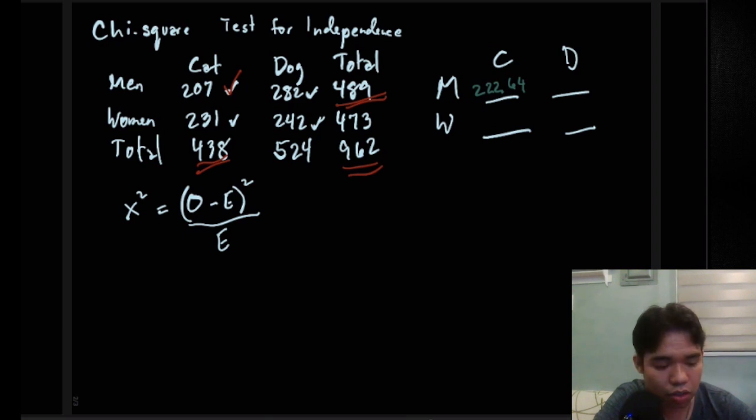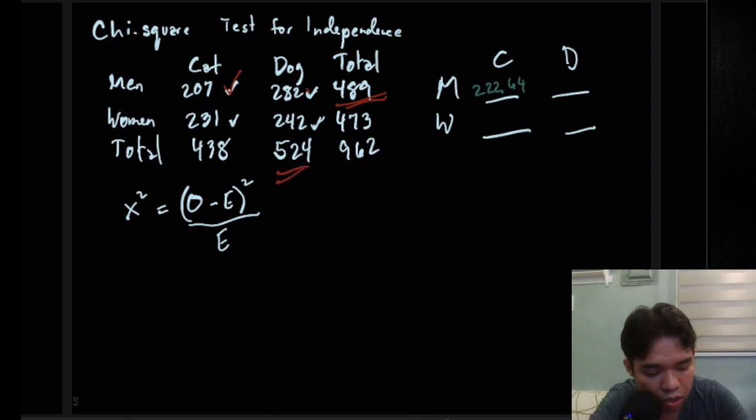All right, so let's continue. For men who prefer dogs, we multiply 489 and this total, because we are talking about this cell for dogs.